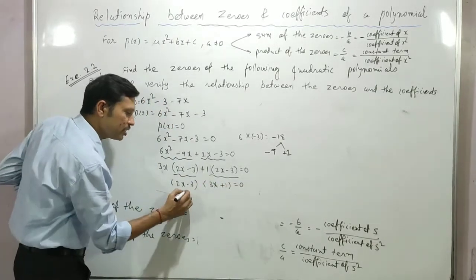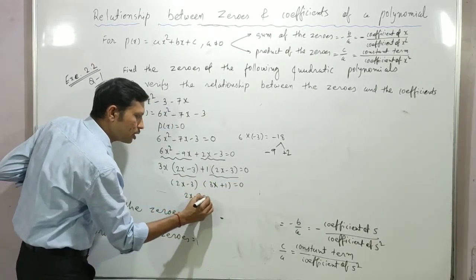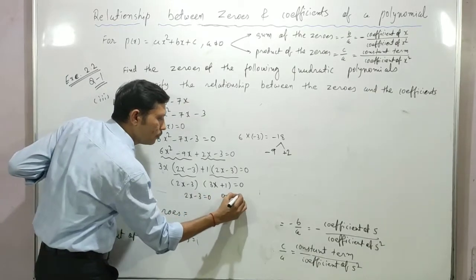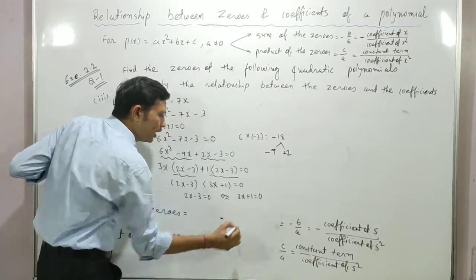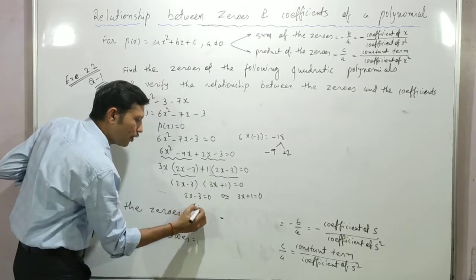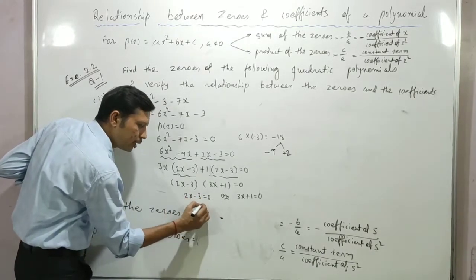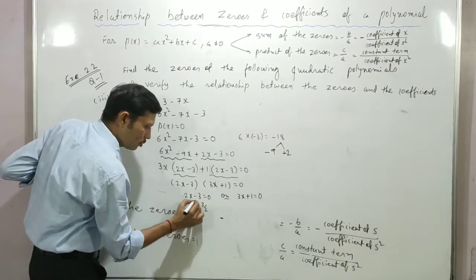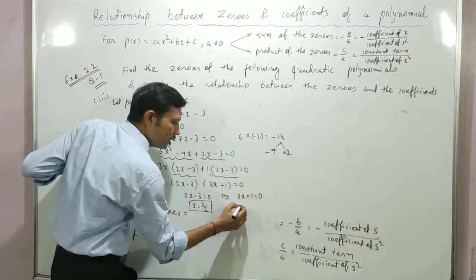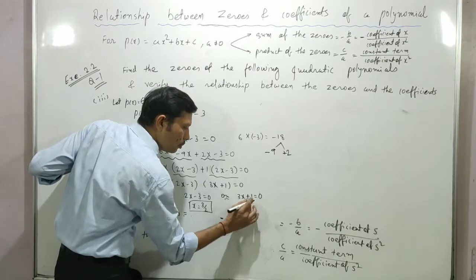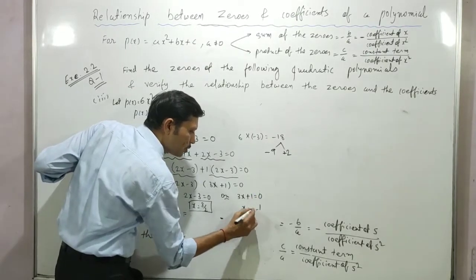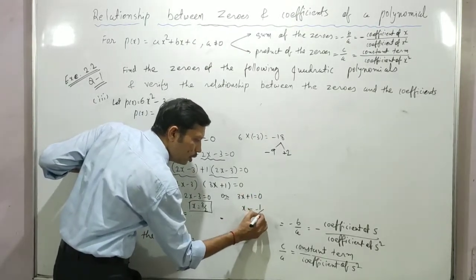So either one will be 0 at a time. So 2x minus 3 will be 0 or 3x plus 1 equal to 0. So what will be the value of x? Minus 3 goes to the right side as plus 3, and 2 in the denominator, so 3 by 2. And here, x equal to plus 1 goes to the right side, it will be minus 1, and 3 multiplication goes to division.